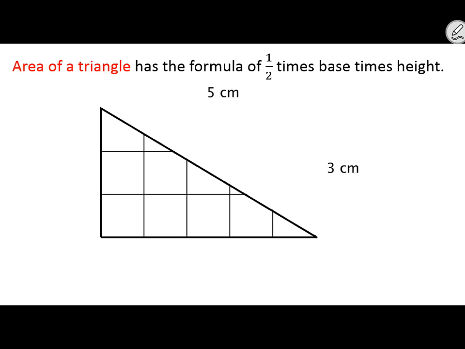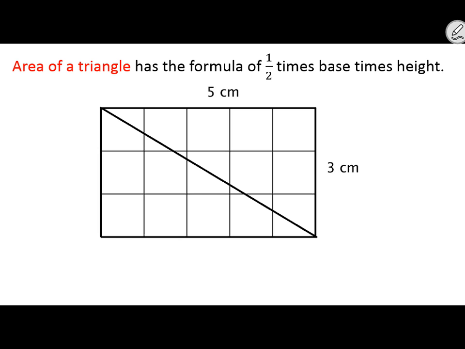I'm adding the half at the beginning of the formula of a rectangle because a triangle is half of a rectangle. Right? So you guys have been told probably base times height divided by 2? Or sometimes they just go 1/2 base times height. But the half is there because a triangle is half of a rectangle. That's why we use the half.